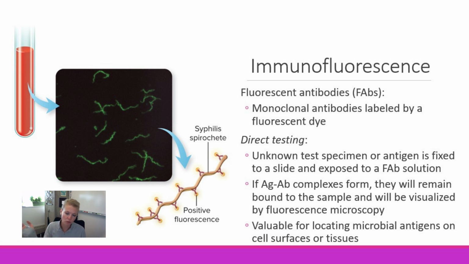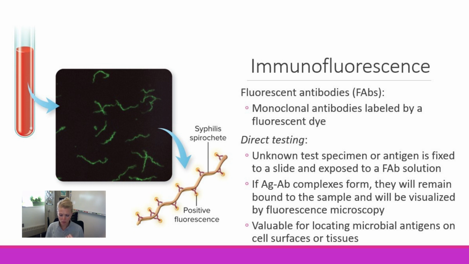Then we do a few washes, it's like staining with these monoclonal antibodies, and then we look at it under the microscope, and if we see fluorescence, that means that antibody has bound to the surface of whatever we're looking at, and that means that specific protein is present. So it's very valuable to determine if a pathogen is present.